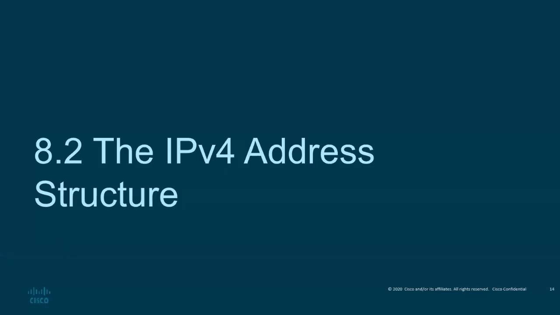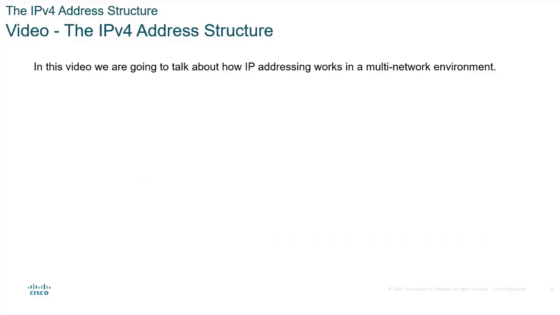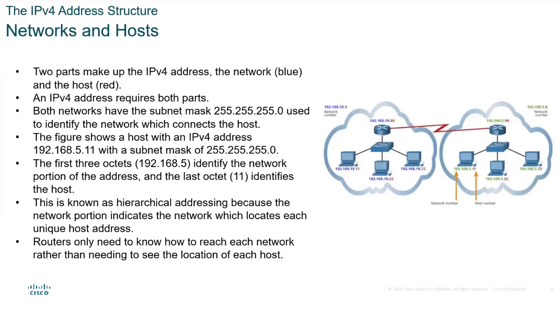Now let's continue to the IP version 4 address structure. Now we already know the IP version 4 address, for easy mapping, we have broken it into 4 octets. Each and every part is called an octet.